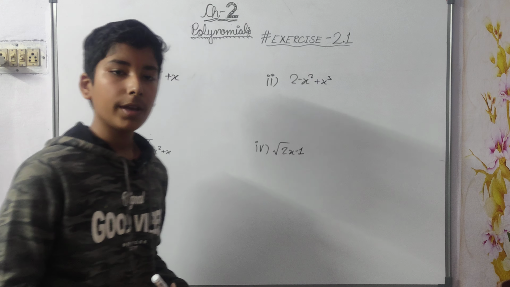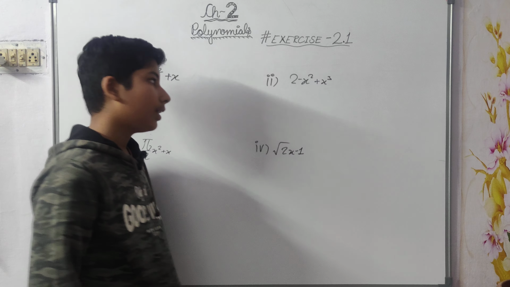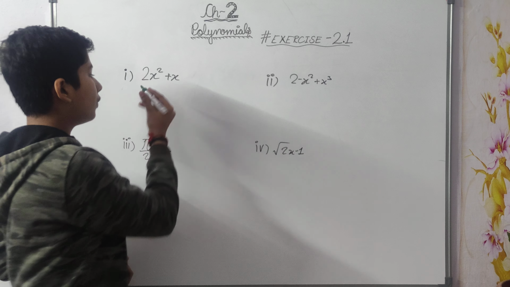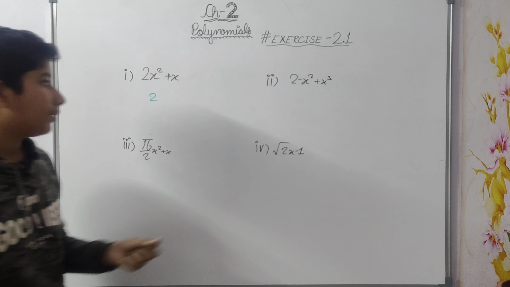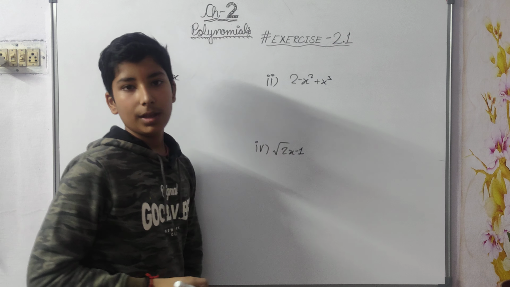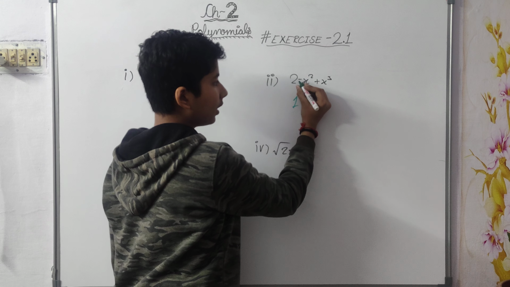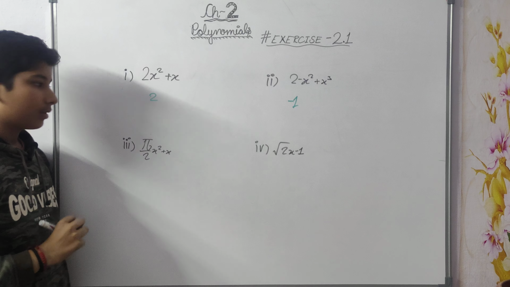So what do we have to do in this question? Basically, you have to tell the coefficient of x square. So over here, it will be 2 because 2 is before it. This would be like there is no coefficient, so we'll write 1 and there is a negative symbol, so we will write minus 1.